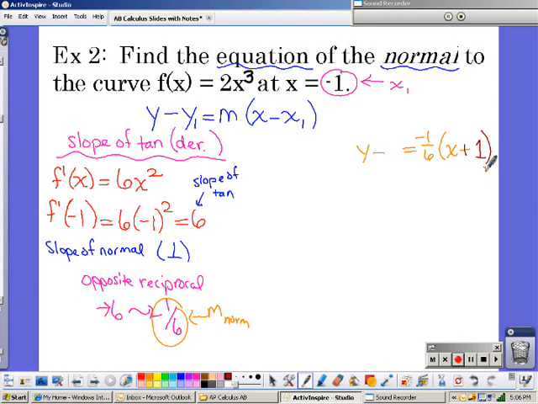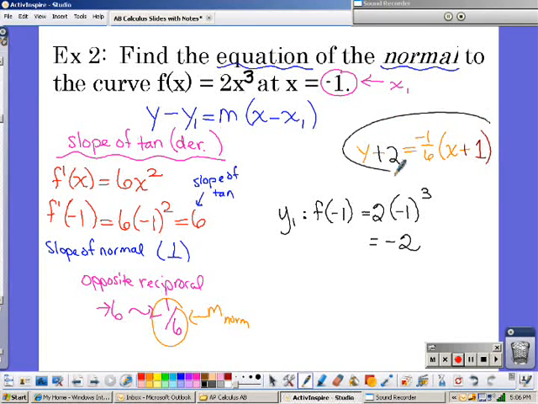The last step is to go ahead and find my y1, and in order to do that we just need to find the original function f up here, this guy. We need to evaluate him at -1. So let's just replace that x with a -1. We're going to cube it, and that should give us negative 2. Now that we have y1, we can replace this negative 2 up here, and there's our equation of the normal.